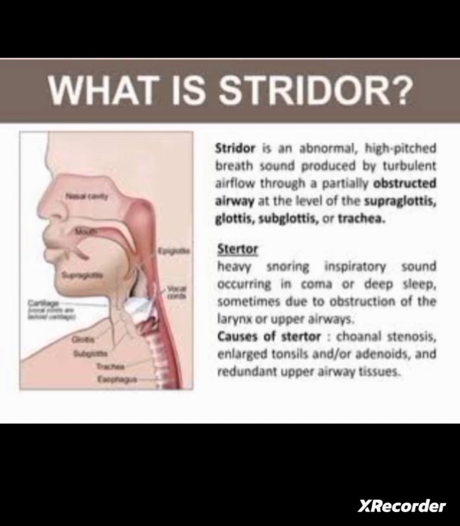All these conditions may cause stridor. So stridor is an abnormal high-pitched breath sound produced by turbulent airflow through a partially obstructed airway, mainly at the level of the supraglottis, subglottis, glottis or trachea.